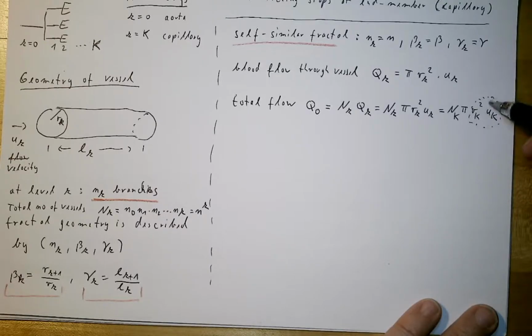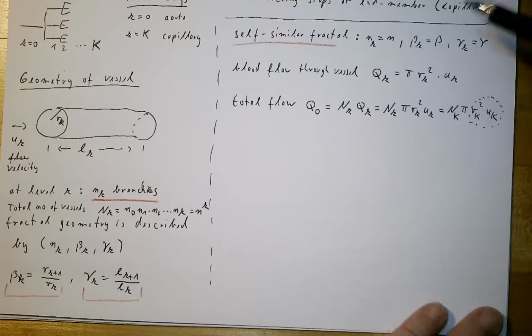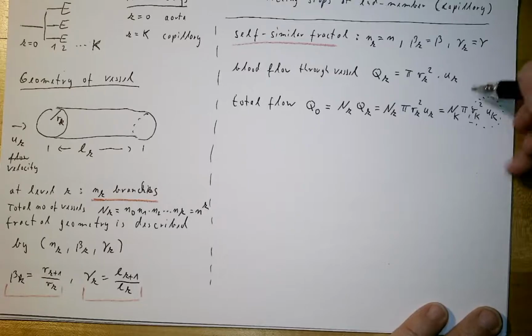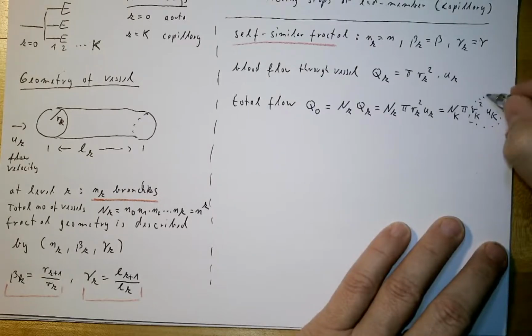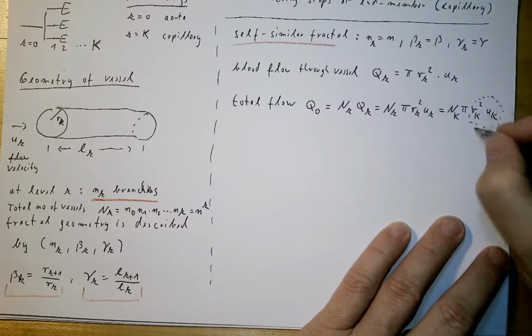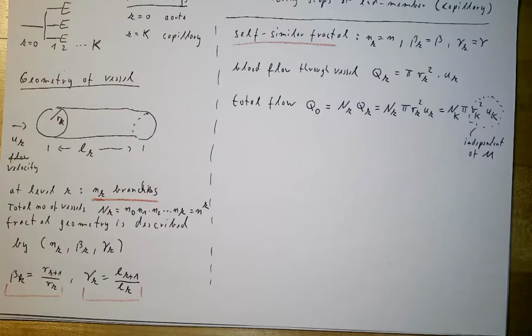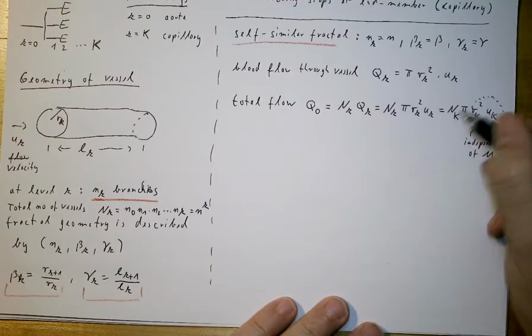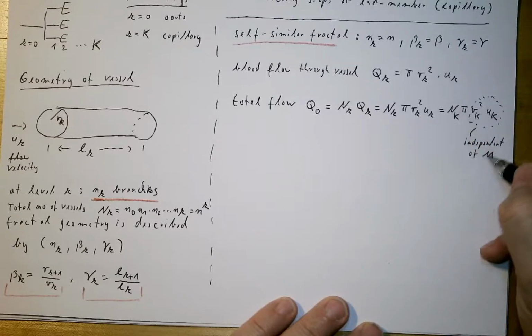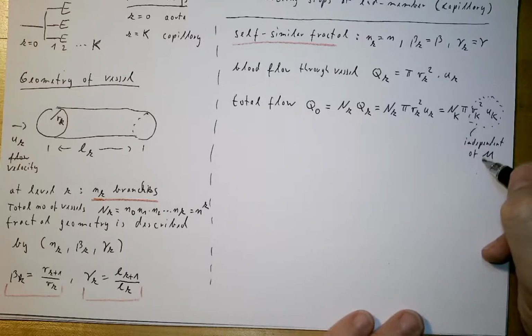That's totally independent of the mass, because what's happening at the end members is the same for all organisms. That's the same for the mouse and the elephant. So this needs to be independent of m, the mass, or the size of the system, but we typically say the body mass. That's our measure of the size.